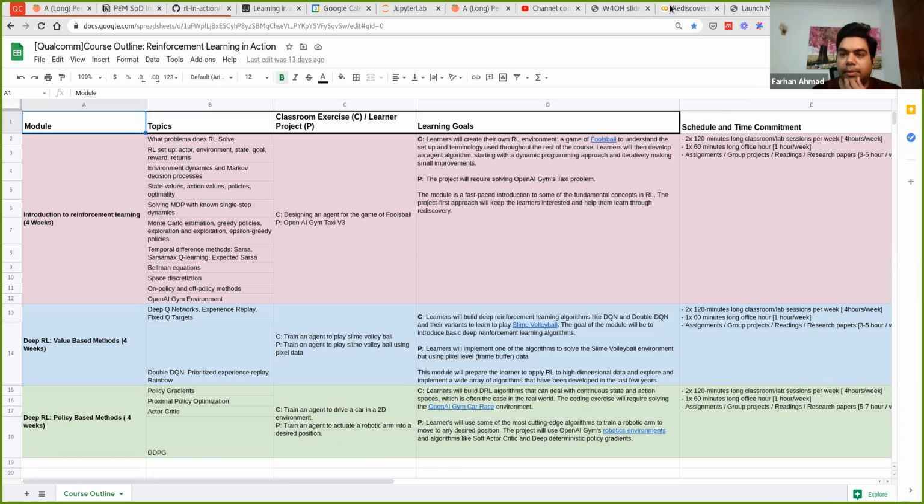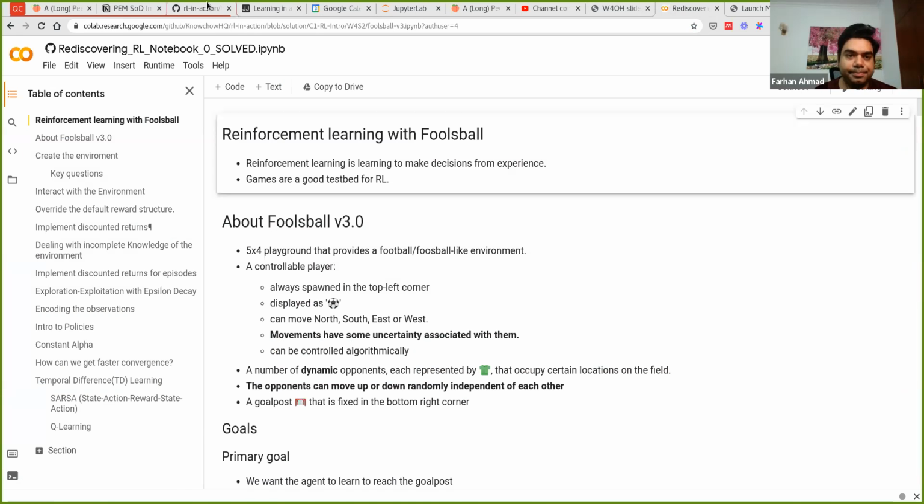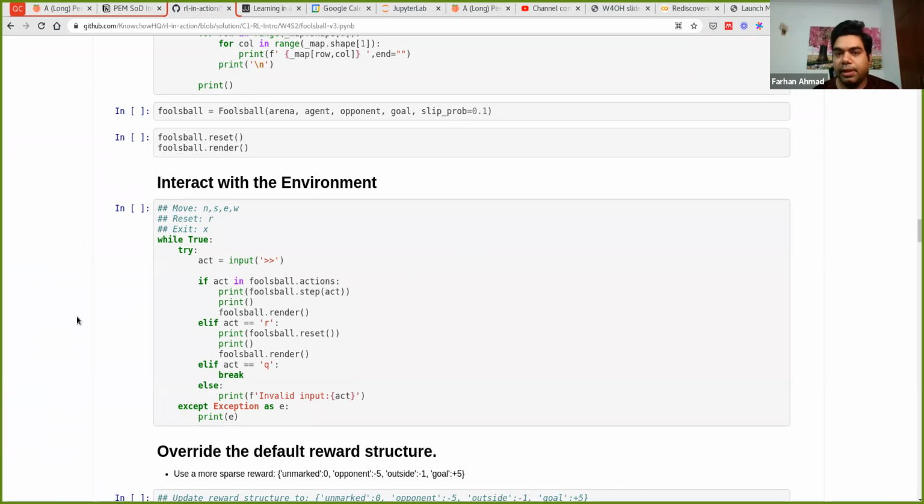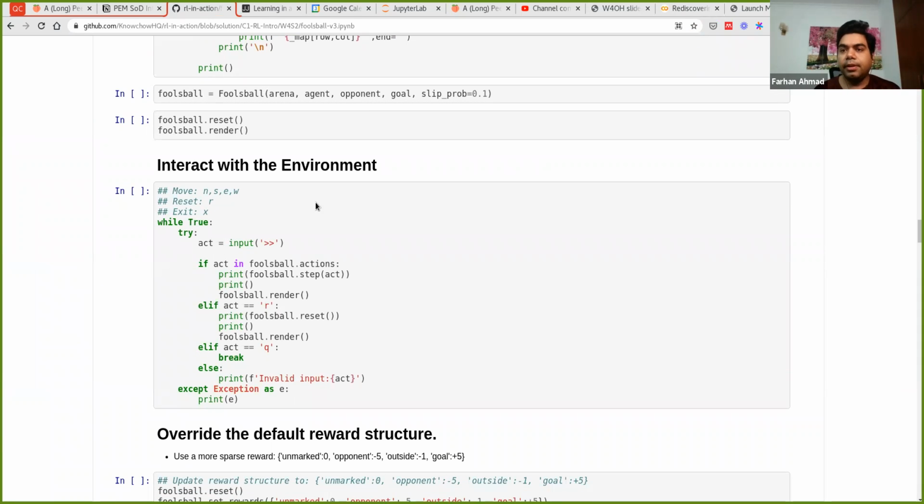Okay. I'm sharing the notebook for today, which is basically the same notebook that we were using on Friday, but it has a few changes that I made. So going to share that in the chat.